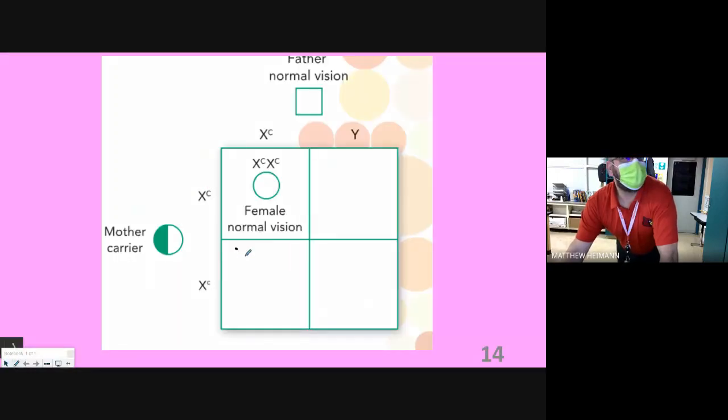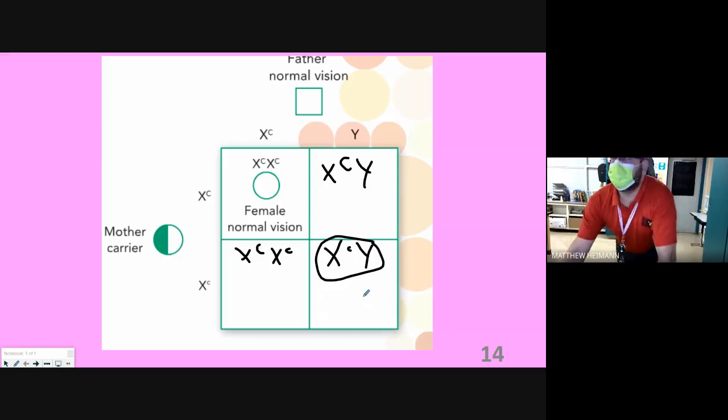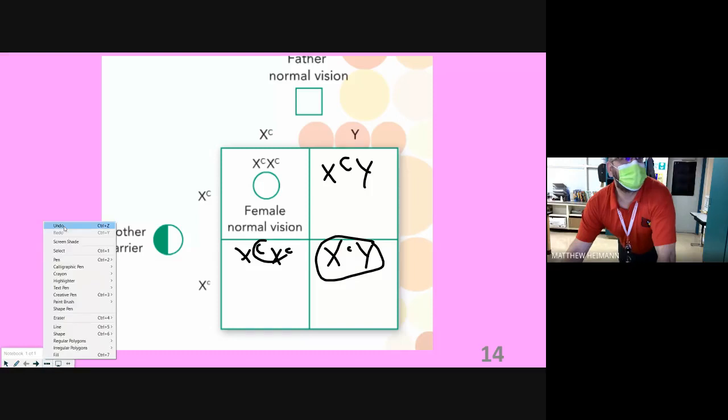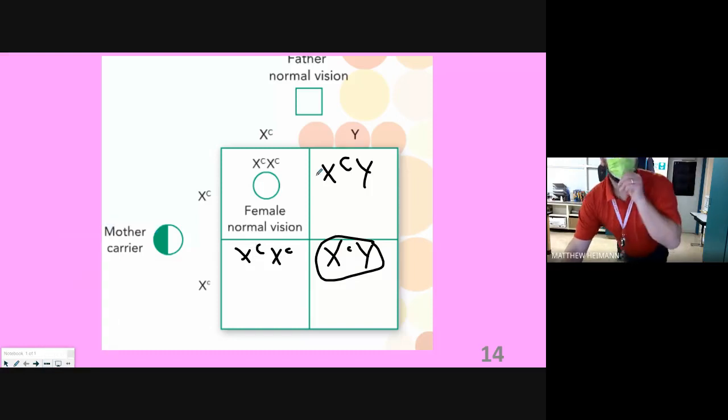All right, so this one will be X to the capital C, X to the lowercase c, X to the capital C, Y, X to the lowercase c, Y. And see, now this person is going to be a colorblind male, because there's no dominant capital C. It'd be much less likely for the female to be colorblind.